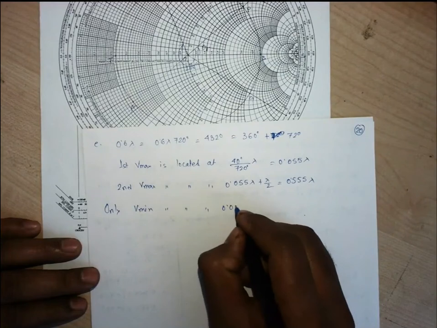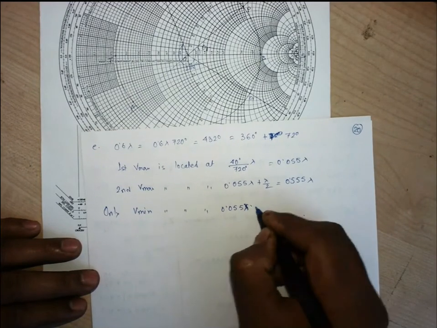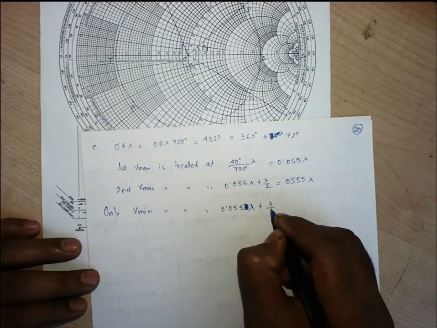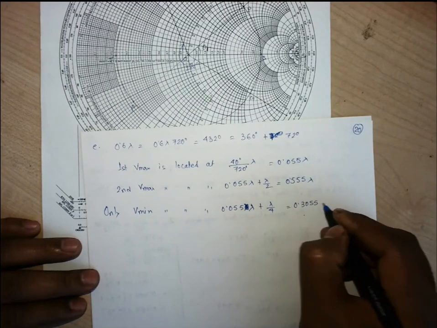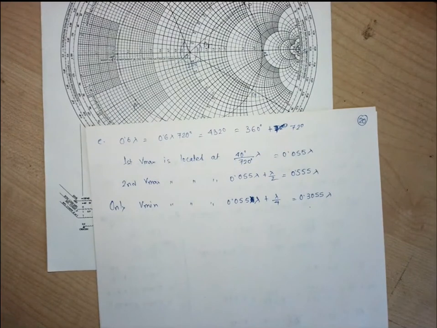So 0.055 lambda plus lambda by 4. So it is 0.305 lambda. Any confusion with this? Anyone? Any confusion?